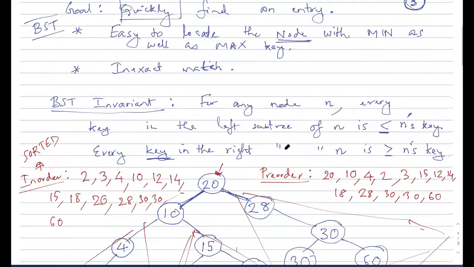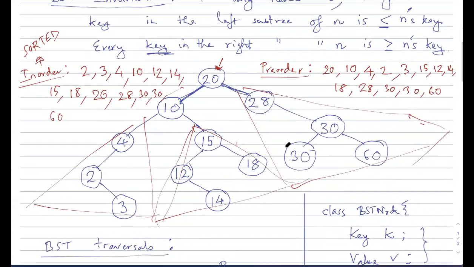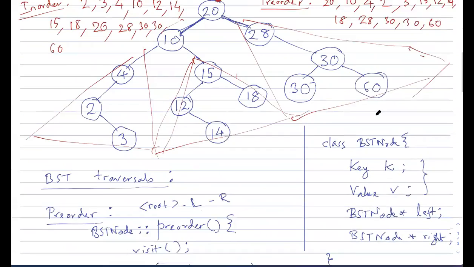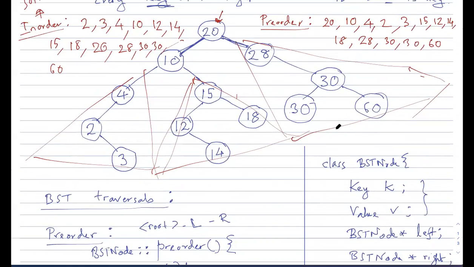Okay, so how would the post order look like, just for the sake of completeness? So post order traversal. Post order means you want to visit the left subtree, then the right subtree, and then itself. So with respect to 20, it goes down: 10, 4, 2.